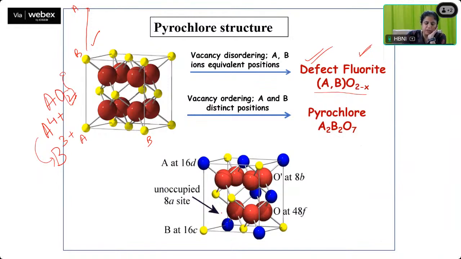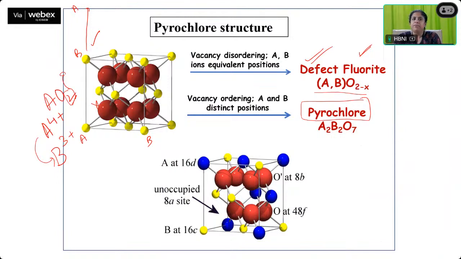That means if this oxygen is going, then only this oxygen will go in all the units. Now the structure that results is called the pyrochlore structure. Pyrochlore is nothing but an ordered structure of the fluorite. So I hope this is clear.